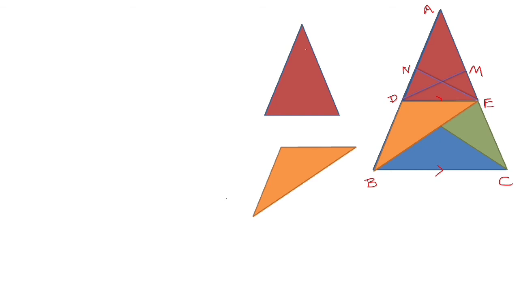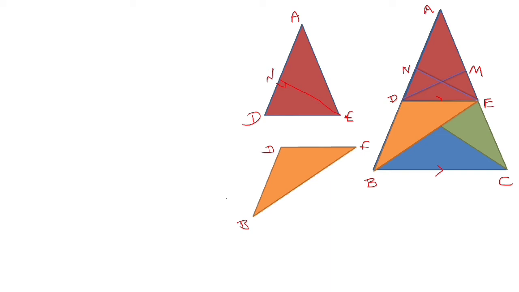Now take two triangles, triangle ADE and triangle BDE. Here we have to find the areas of these two triangles. To find the area of a triangle, we have a formula: area of triangle is equal to half into base into height. If you take base as AD, height becomes EN.